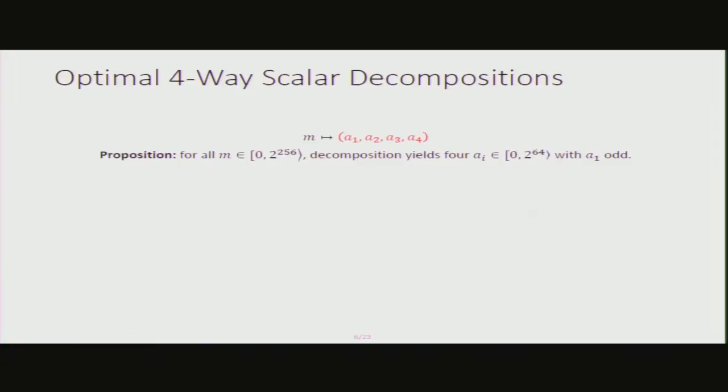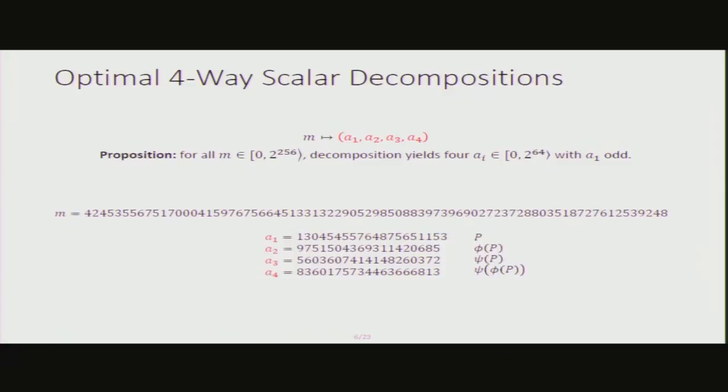So something like the following. Let's suppose we have a scalar m, and then with the decomposition method, you can obtain these 4 mini-scalars, which are 64 bits maximum.